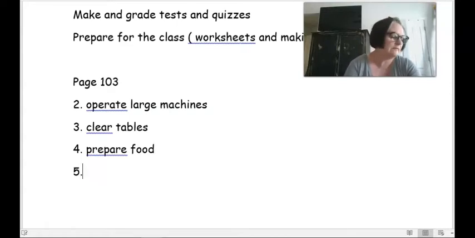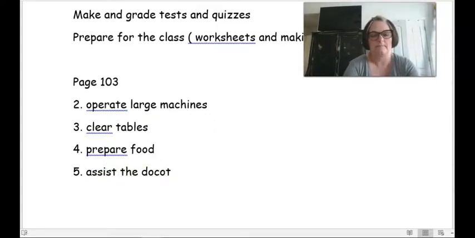Number 5, we see a doctor there, and we know it's the medical field. We see a stethoscope, and we see the bag that has the fluids in it. So we're going to assist the doctor. Okay, number 6, we see a mom with 2 kids, so that's taking care of the family.